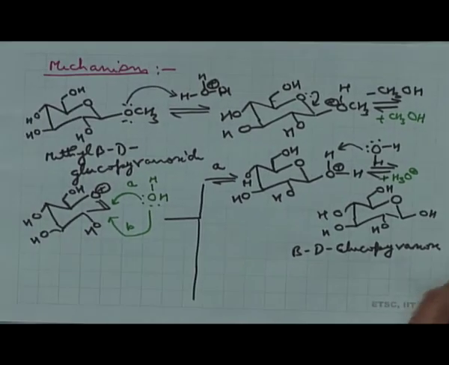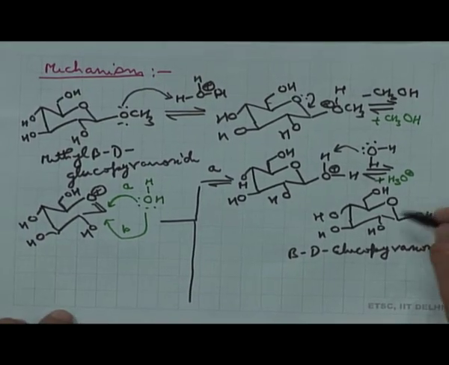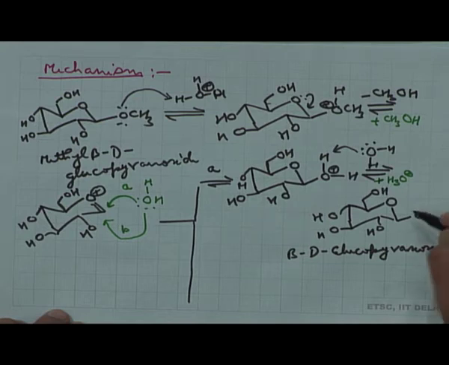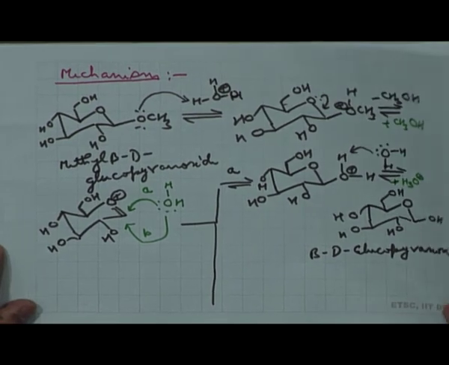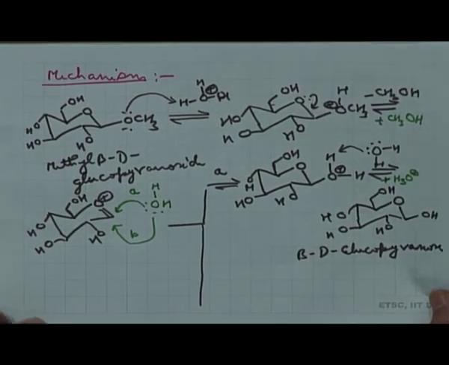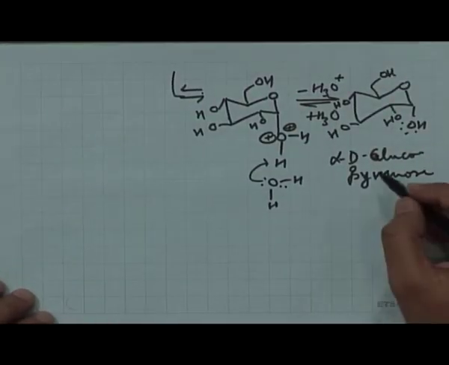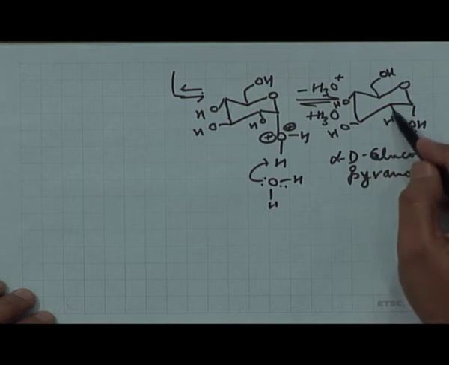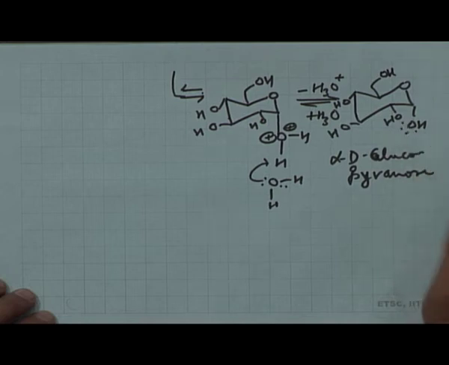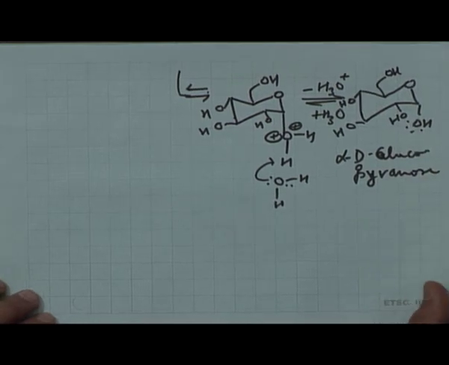In the case of beta D glucopyranose, the hydroxyl group is staying quite open. It does not have interaction with the other substituents, so it will have less strain in this scaffold, whereas in alpha D glucopyranose, this hydroxyl group is there, this H is there, and it has certain steric repulsion.